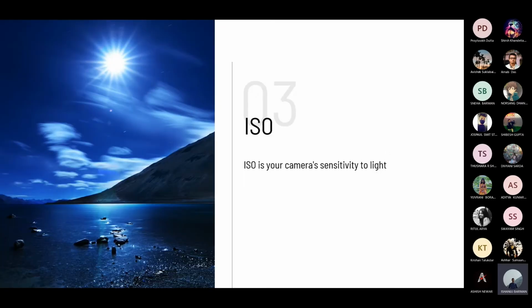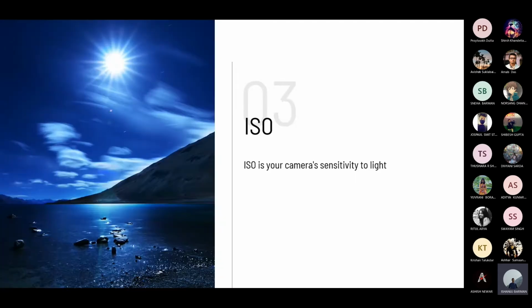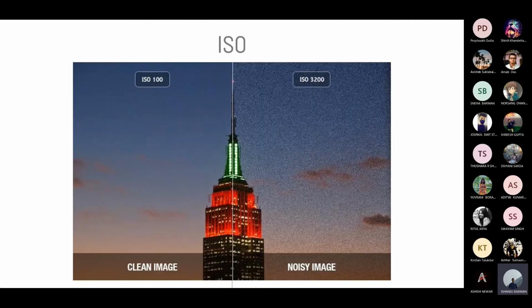Then we have ISO. ISO gives you the sensitivity of the sensor. If I see here, the picture to the left is at ISO 100, and at the right it's at 3200.